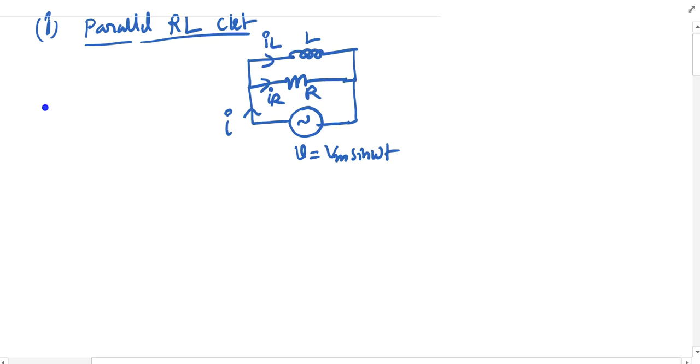So V is the instantaneous voltage Vm sin omega t, and I is nothing but IR plus IL.